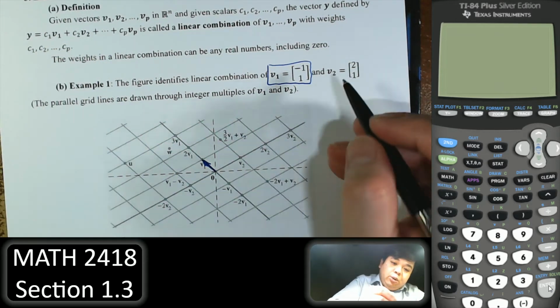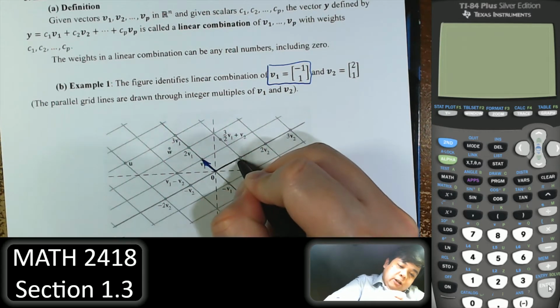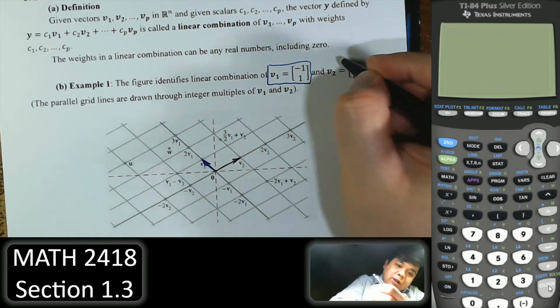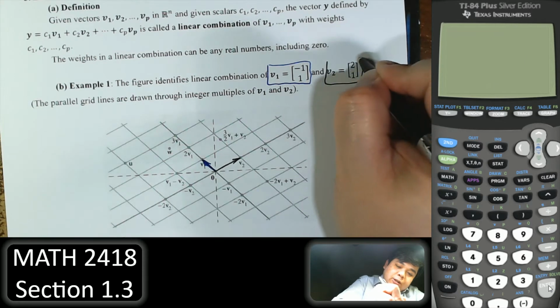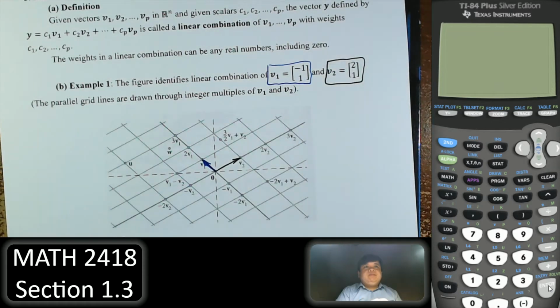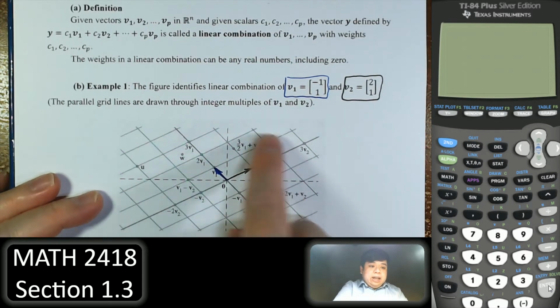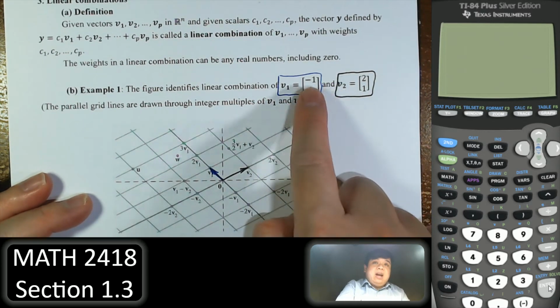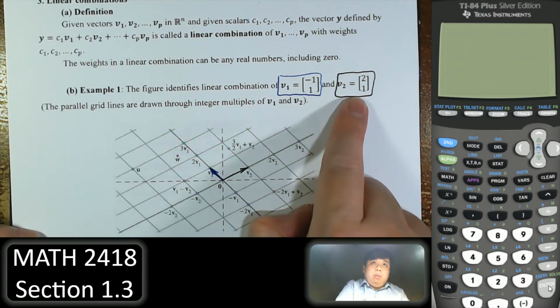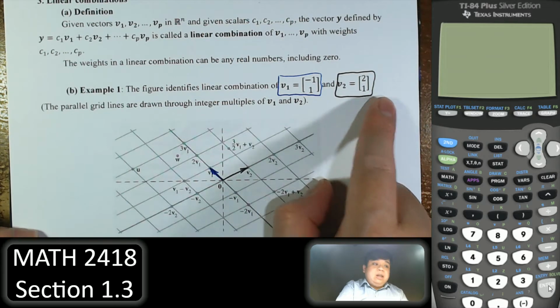And then v2 is (2, 1). So that is v2. Now we have 2 vectors in the plane. So these vectors have 2 components, so these vectors are in R2.